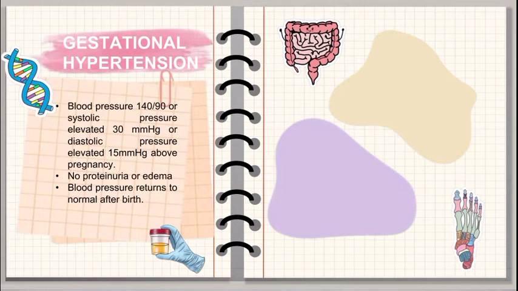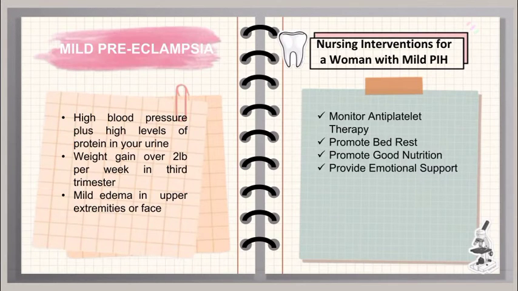So now guys, take note, gestational hypertension means elevated blood pressure of 140/90 millimeters of mercury, no proteinuria or edema. Okay? So now, let's move on to mild preeclampsia.